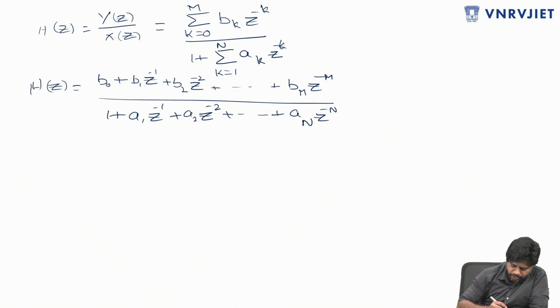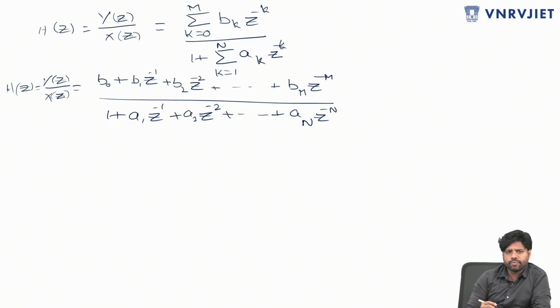Now, you know H of z is equal to Y of z by X of z. First we see the direct form 1 realization, how this system function H of z will be arranged in direct form 1. Next we see the direct form 2.